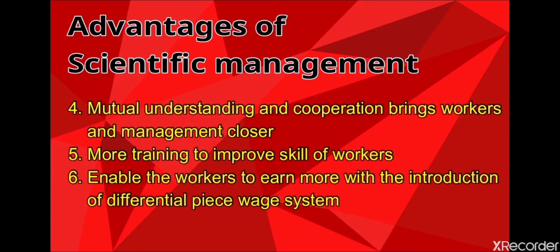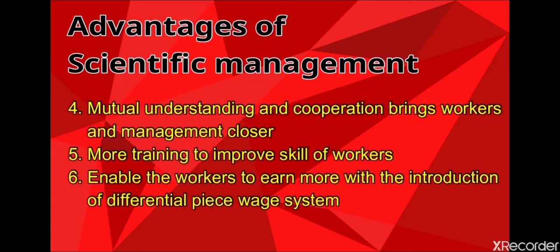Number 5 is more training to improve skills of workers. The skills of workers can be easily improved while giving them training and providing them better working conditions. Workers feel satisfied and motivated when they get better working conditions to work.